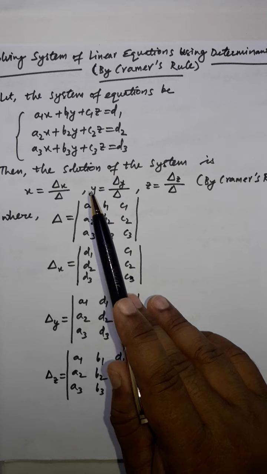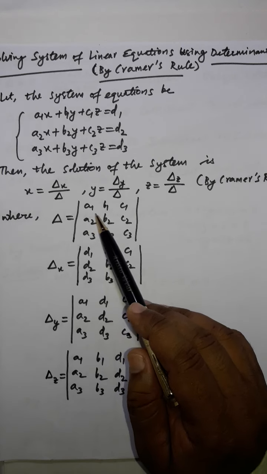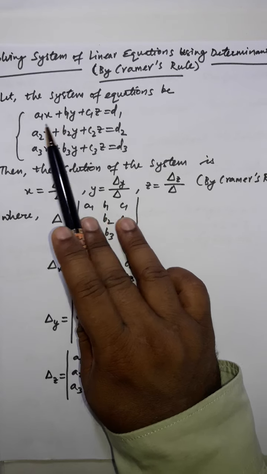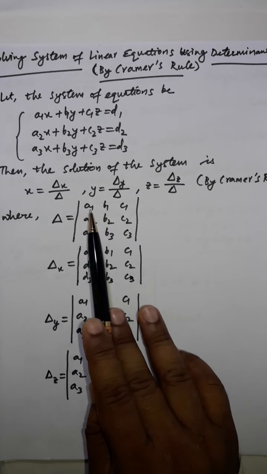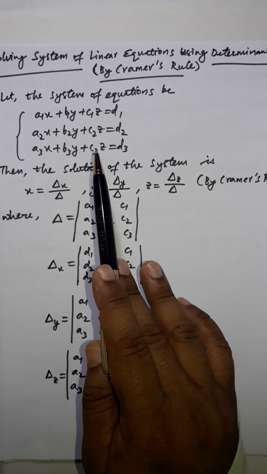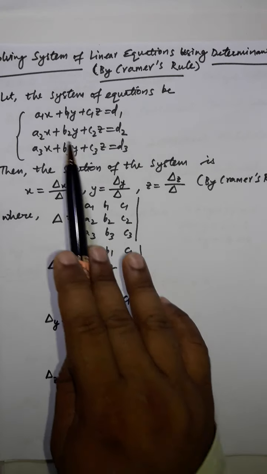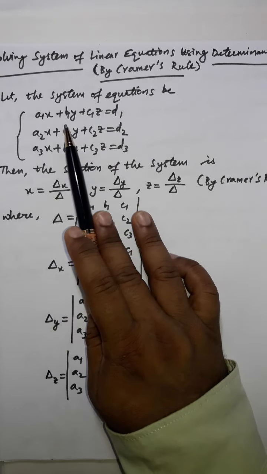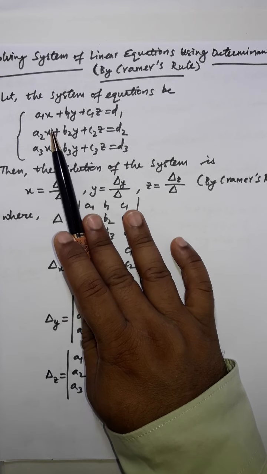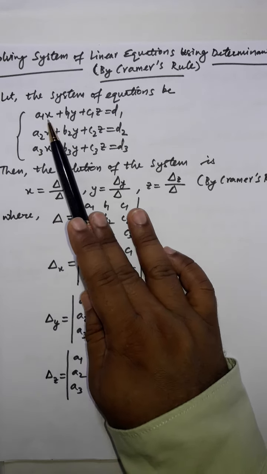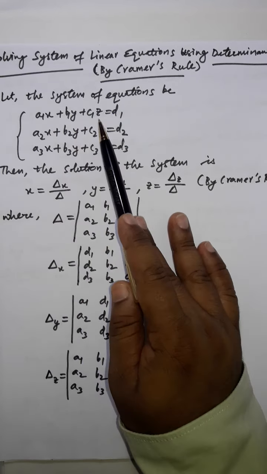That means the determinant contains elements which are the coefficients of the variables x, y, z in their proper order. The first row represents the coefficients of the first equation, the second row from the second equation, the third row from the third equation. The variables are also arranged in their proper sequence. That means in all the equations x is written first, then y, and then z.